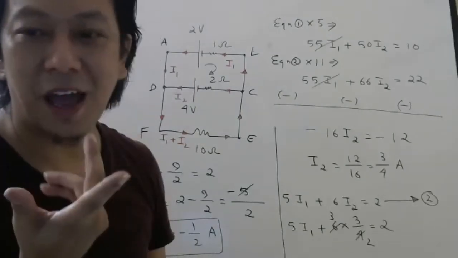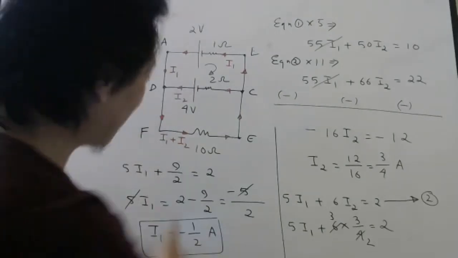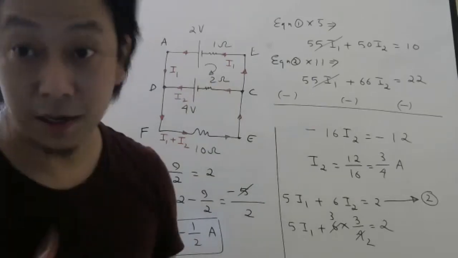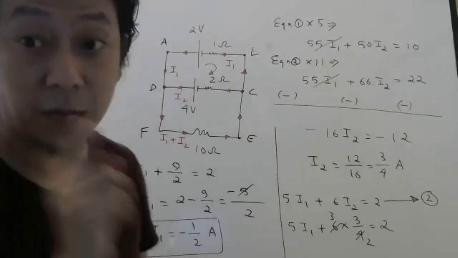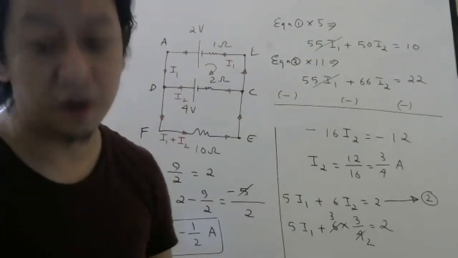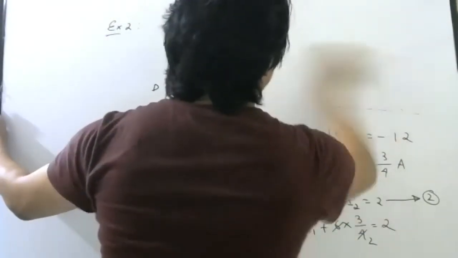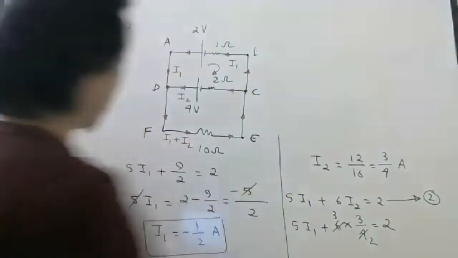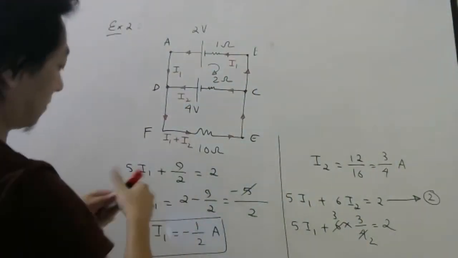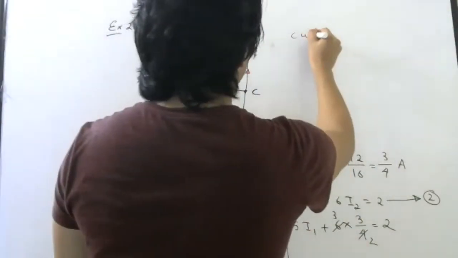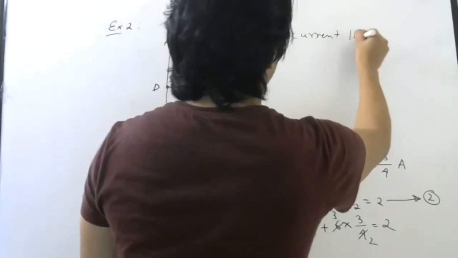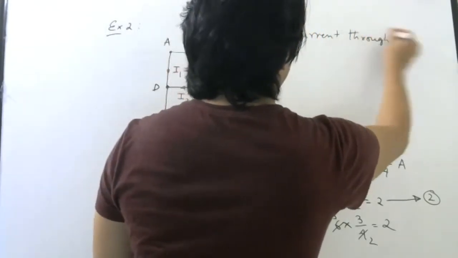So when you don't have idea, just assume the current wherever you want, but be careful about using Kirchhoff's current law. So I found I1, I found I2. Now what will be current through this 10 ohm?